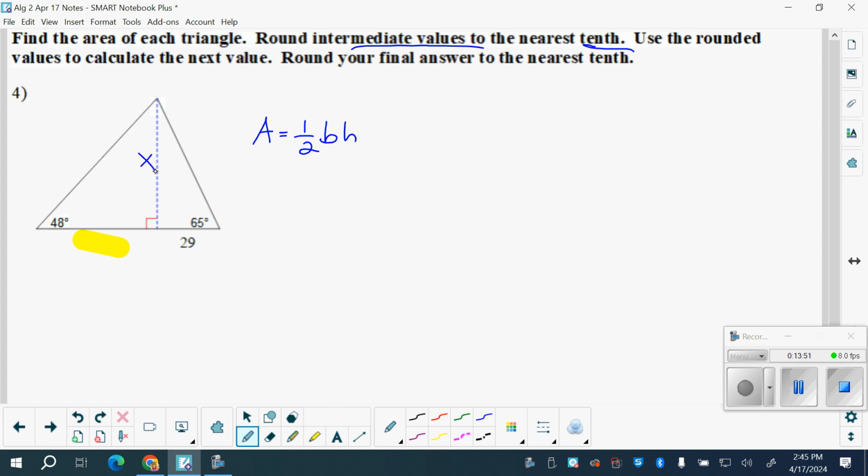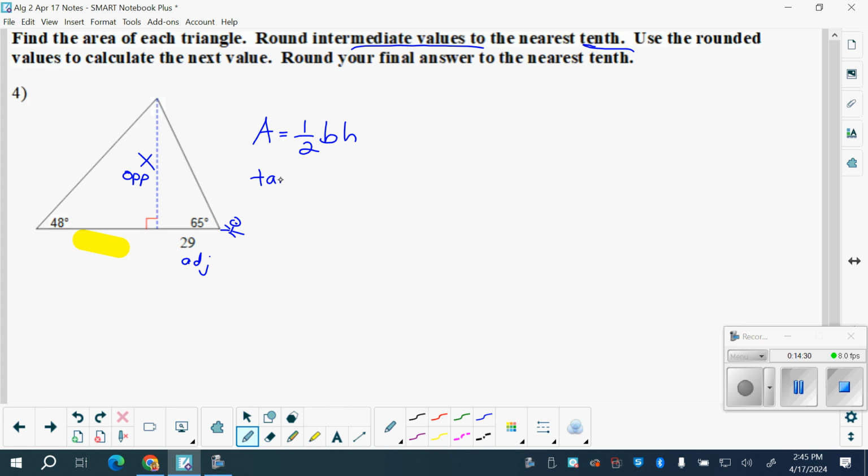Why might we want to find that one first? That's right. So we've got the opposite from the angle here. Here's our person. This would be the opposite, and this would be the adjacent. Over here, if we look at this triangle, we don't have anything except for that angle. So we need two parts to be able to solve it: two sides or an angle and a side. So we're going to use what trig function with opposite and adjacent?